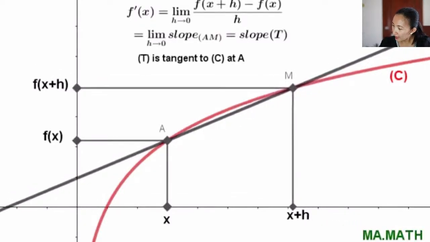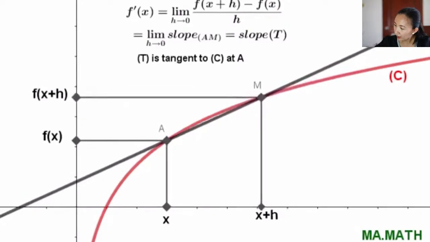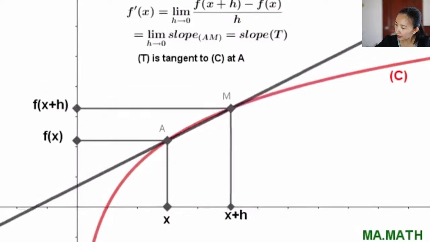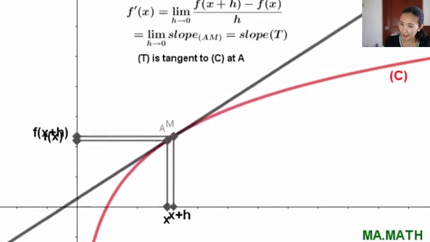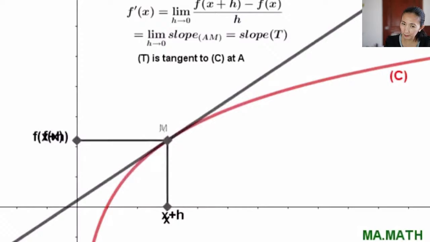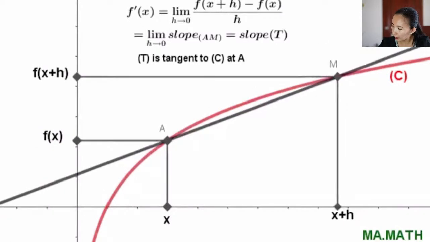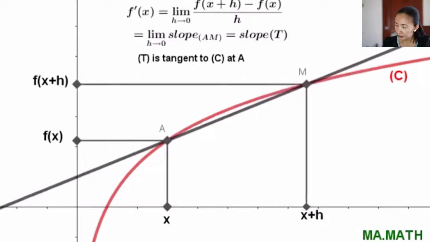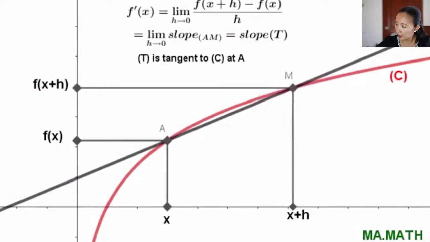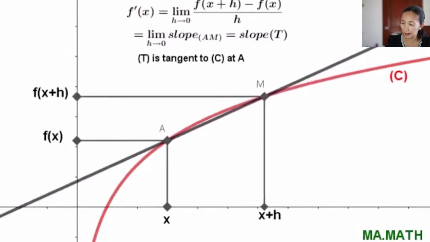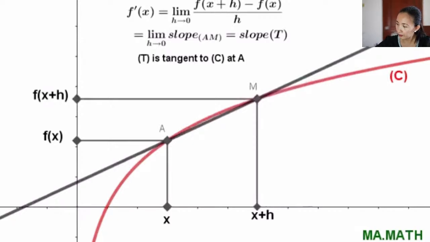The black line is the secant line. And we want a line tangent to the curve C. Mamaya, pause muna natin. Let's identify first the parts of the graph. C here is the curve, the red curve.